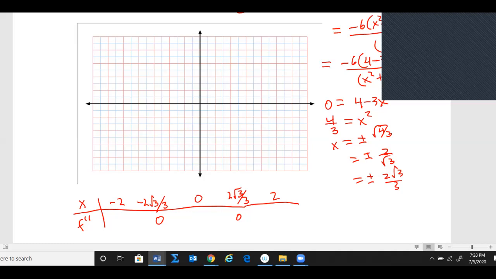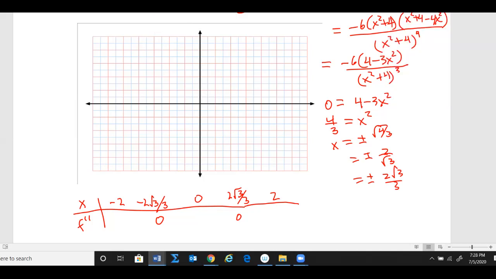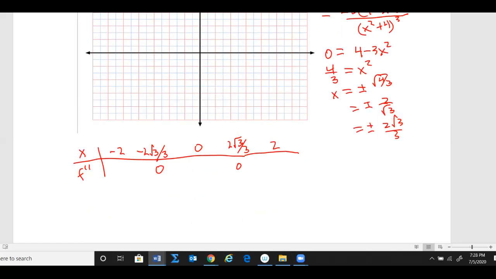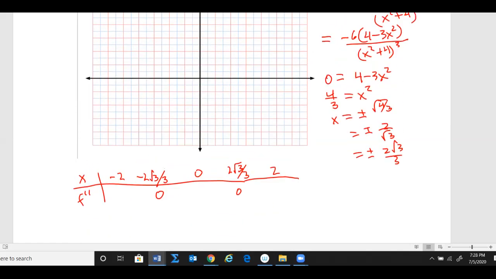Okay, so I need f double prime of negative 2, and I'll use this version over here.